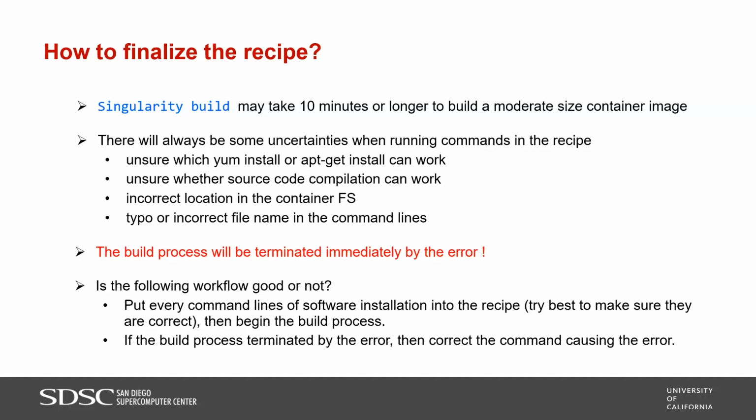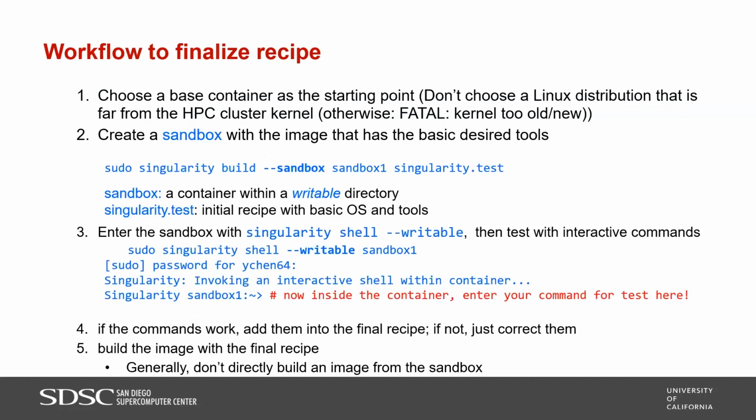That workflow might take you a lot of time, and you might even lose your patience. So that's not good. Fortunately, with a recipe, we might be able to overcome that process.